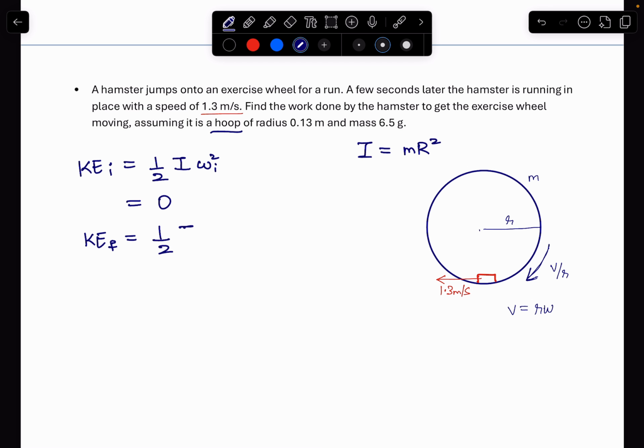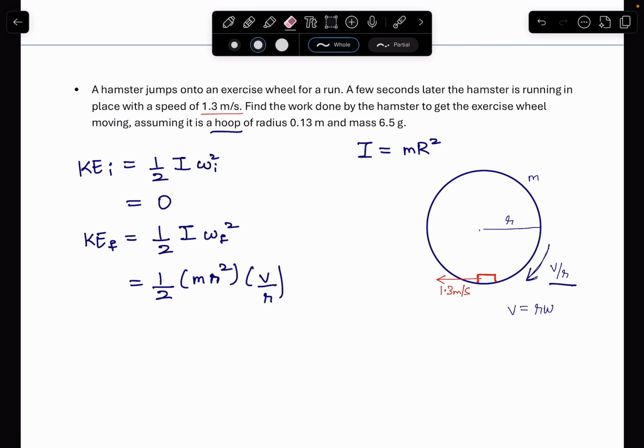So my final kinetic energy is half I omega final squared. That means half times m r squared times omega final, which is V divided by R, squared.